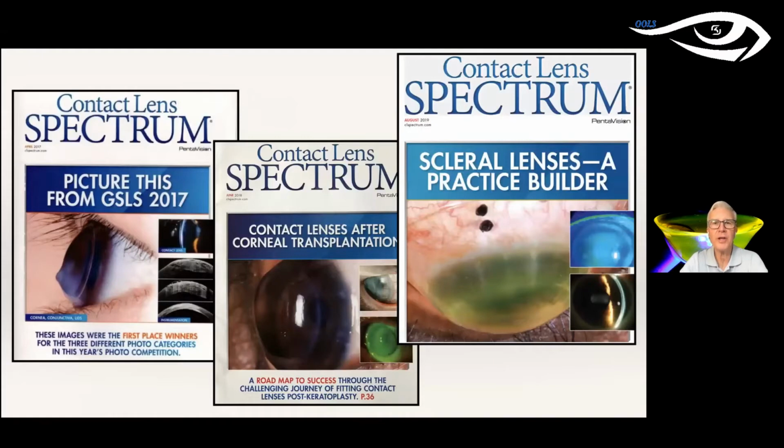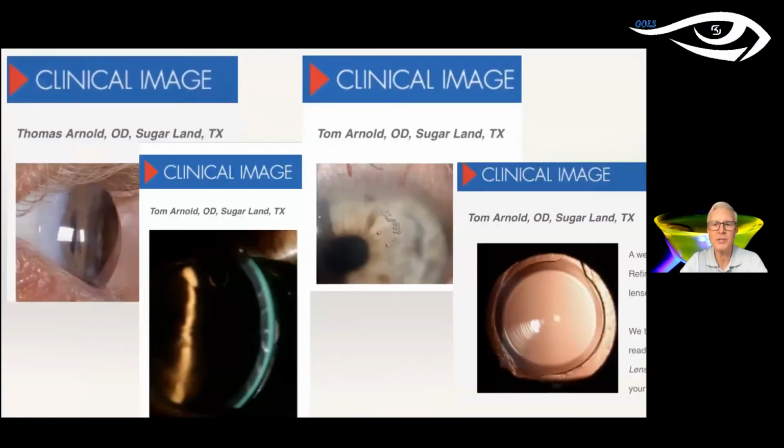I've been very, very fortunate to have a lot of my pictures on the cover of Contact Lens Spectrum, as well as some other magazines. They have a column every month of clinical images, and they've been very generous in putting my images up. And actually, there's a column in Spectrum called "What's the Diagnosis?"